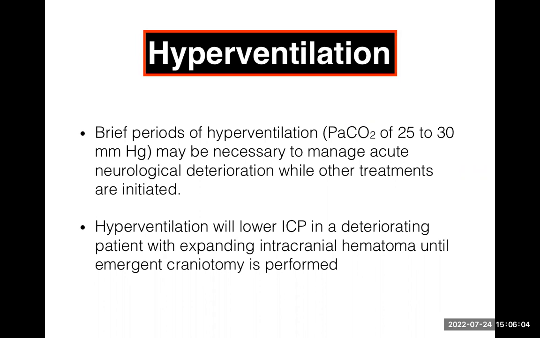It is class 2B evidence, and hyperventilation should be used only in moderation and for as limited a period as possible. In general, it is preferable to keep the PaCO2 at approximately 35 to 45, and a brief period of hyperventilation may be necessary to manage acute neurological deterioration while other treatments are initiated.